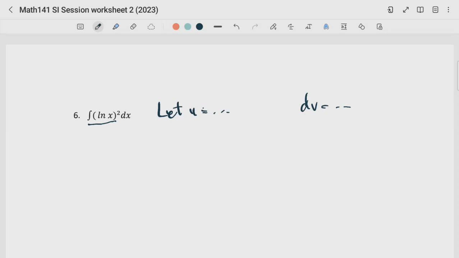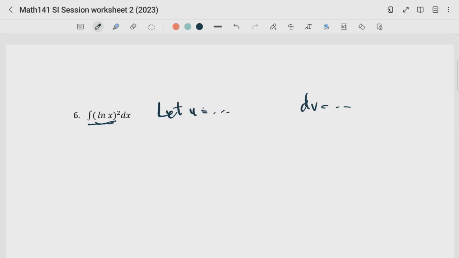I'm asking you guys. I want your input. What do you think? Should we use some sort of u-substitution to try to simplify the expression? Because as we know, we can't easily find the integral of ln x squared, right? So we have to use some sort of substitution, right?